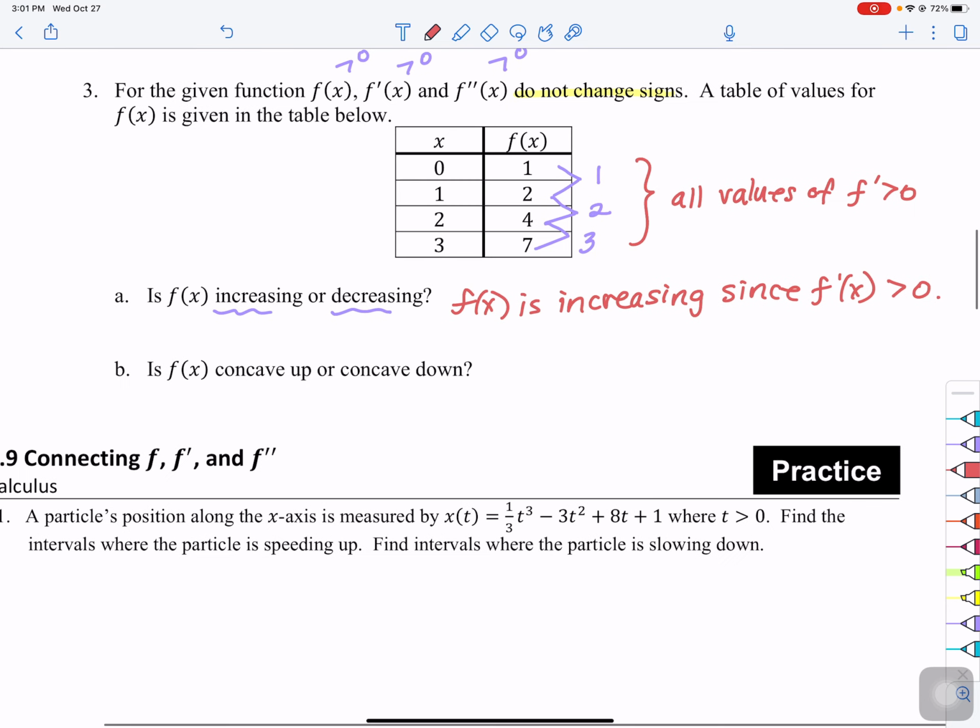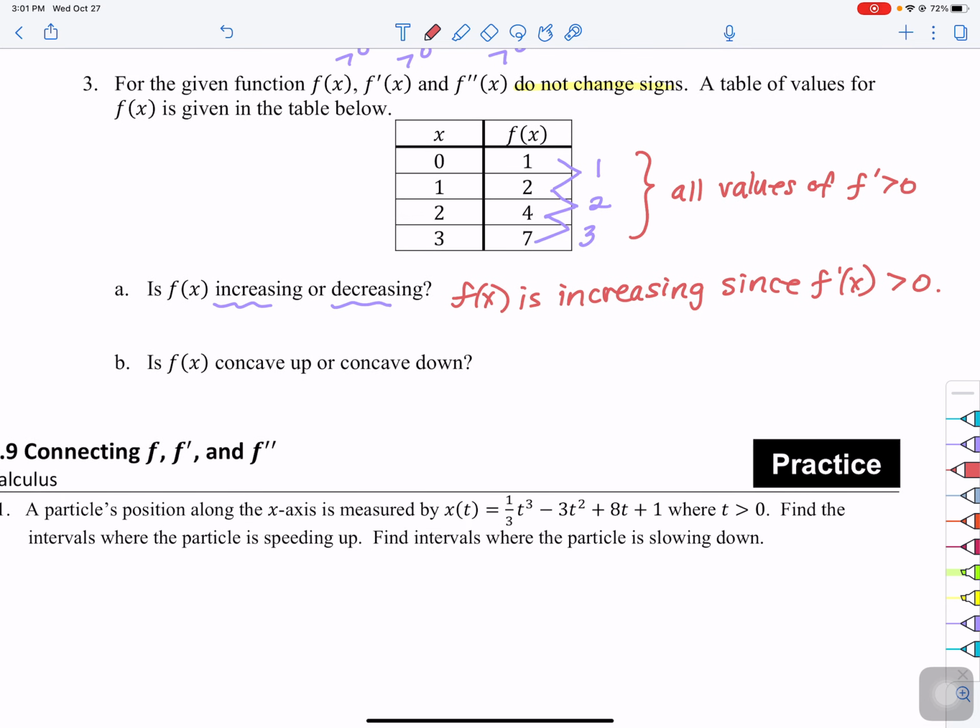Now, how about concavity? Do you see that f'(x) is increasing as t increases?